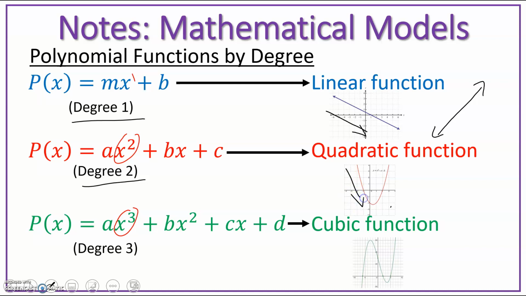It has a decrease and an increase. Those changes in direction are a result of the degree of the polynomial. And then with degree 3, we have an increase, a decrease, and an increase. So, right? 2, 1, and 3. And those directly relate to the degree of the function.